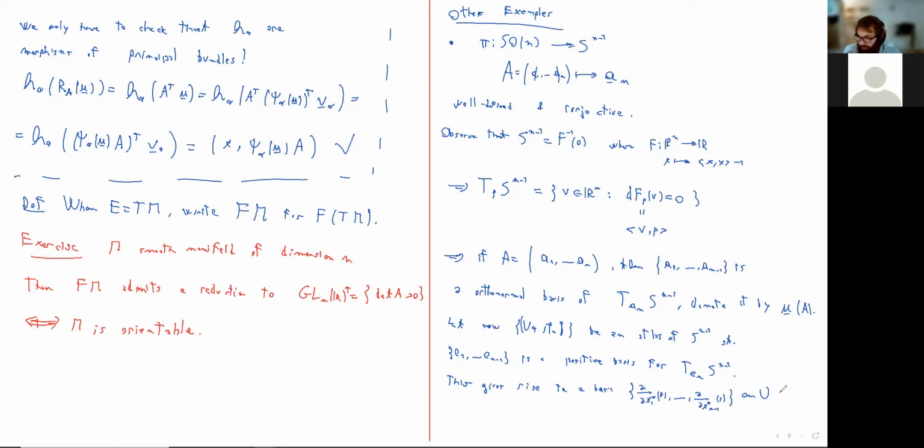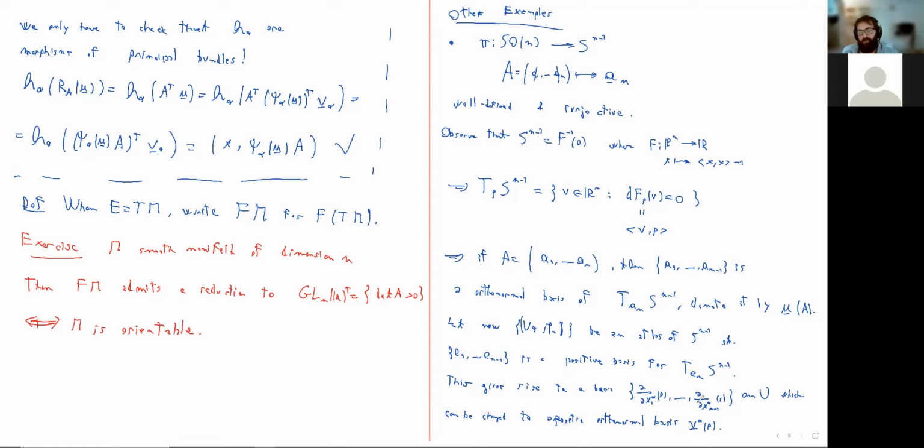This is a basis over U. And this basis can be changed to an orthonormal basis, a positive orthonormal basis, which I'm going to write as V_alpha at b.